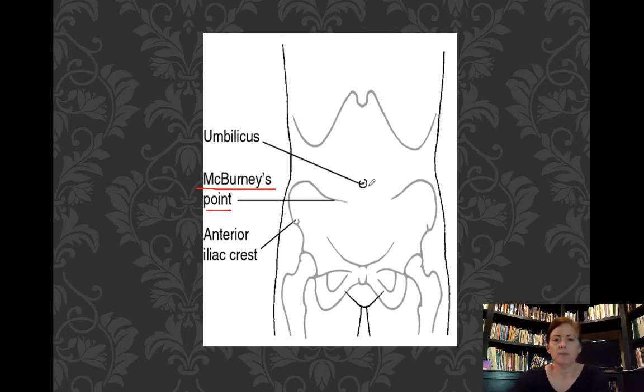And it's basically, if you draw a line between your belly button and your anterior superior iliac spine, which was a landmark that we learned in the skeletal system, if you draw a line between those two and you bisect it, push into that spot, this is called McBurney's point, and then release, and we call that rebound pain. And so in a patient who has rebound pain in that McBurney's point, it may be indicative of appendicitis. So just a little clinical note there.